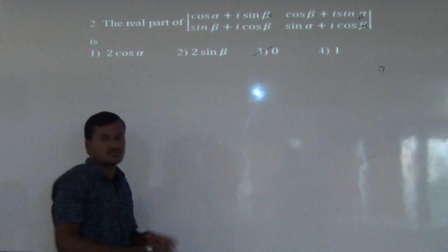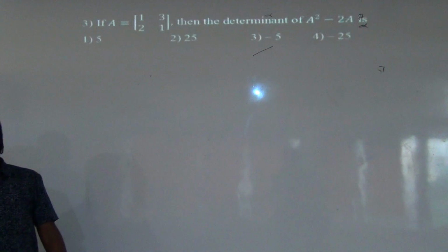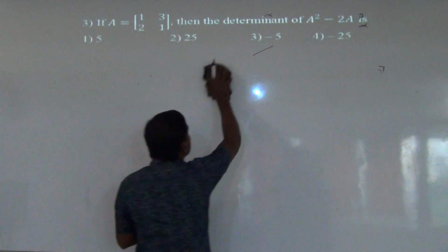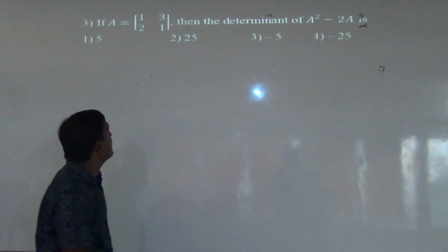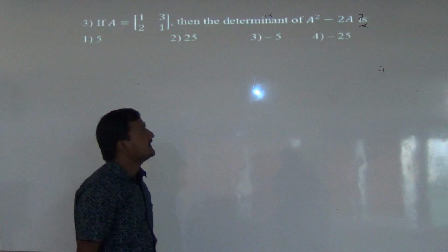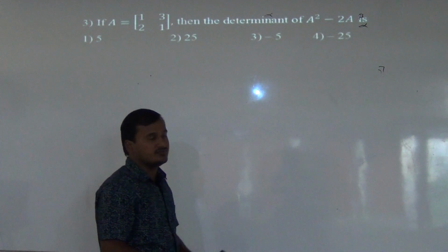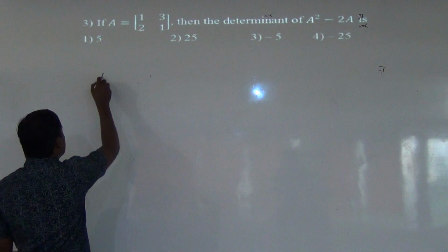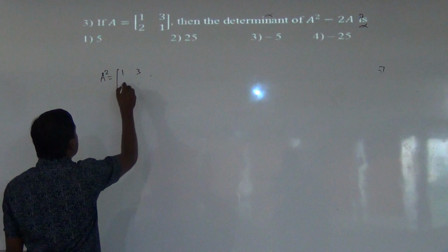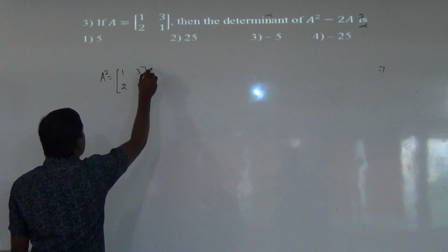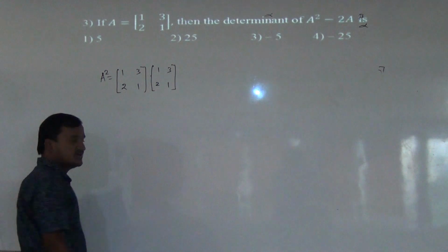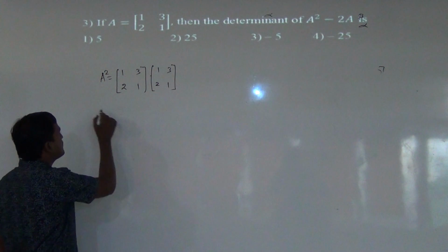Okay, the next question is this one. If A is equal to [1, 3; 2, 1], then the determinant of A square minus 2A is, right? So before that, first I will find A square. A square is nothing but [1, 3; 2, 1] times again [1, 3; 2, 1]. So it is a matrix multiplication.